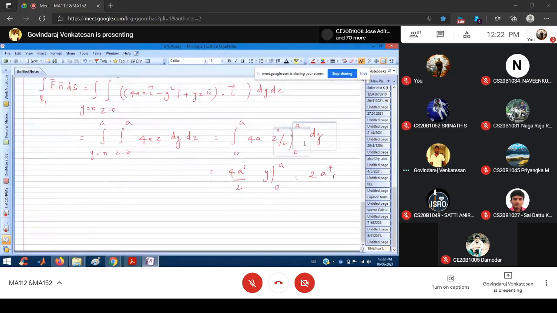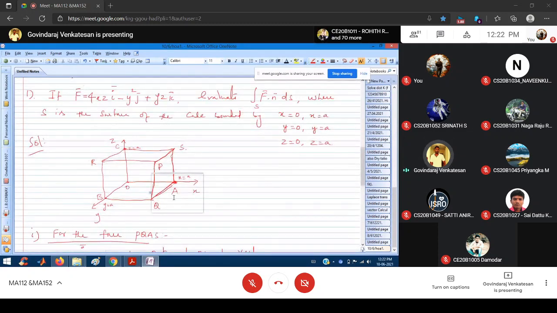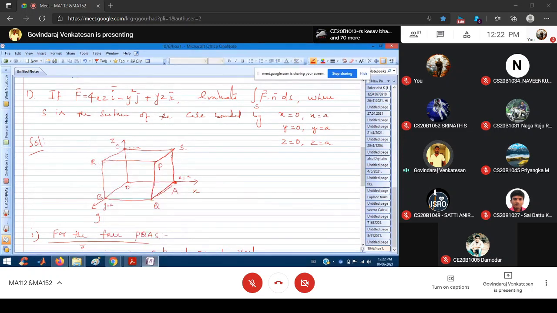Okay. So now let me consider another face. For the second one, I am going to take just the opposite to this PQAS. What is the opposite face of this PQAS? This one, right? This face is directly opposite to the first one.